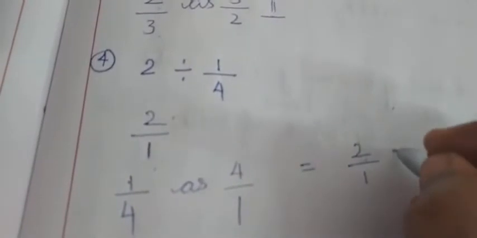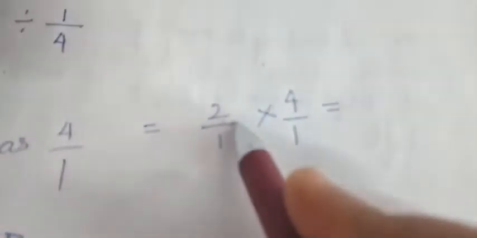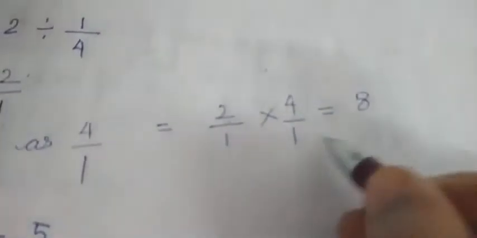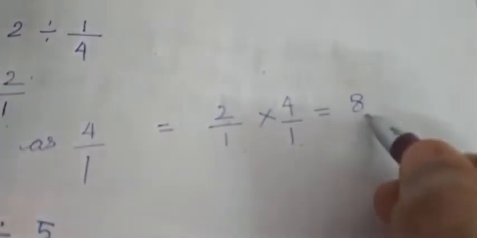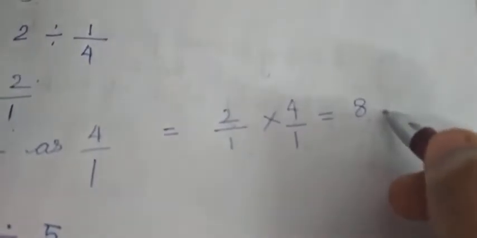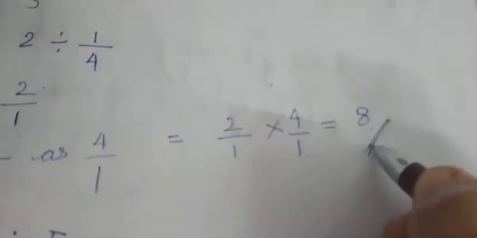Write 2 by 1 is multiplied with 4 by 1 equals, now we have to multiply 2 multiplied by 4. 2 4s are 8, and then 1 1s are 1. We cannot no value of 1 here, so write it only 8. So 8 is the answer for this sum.